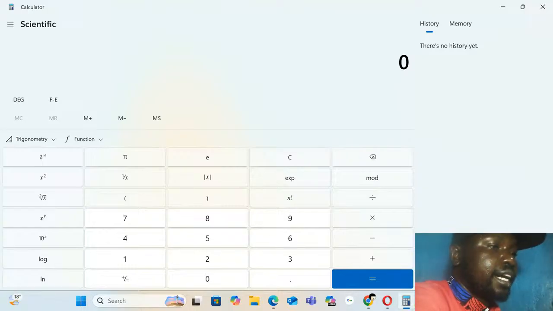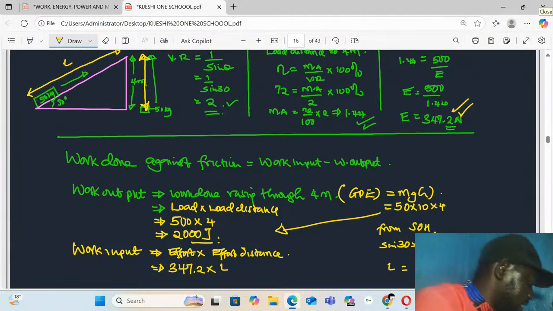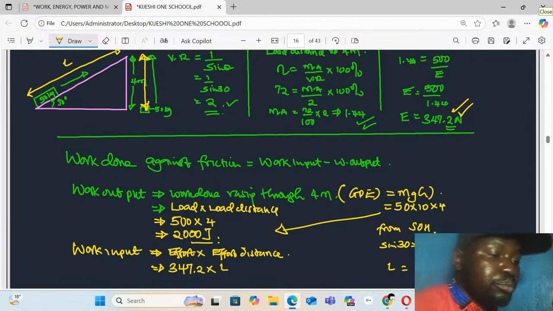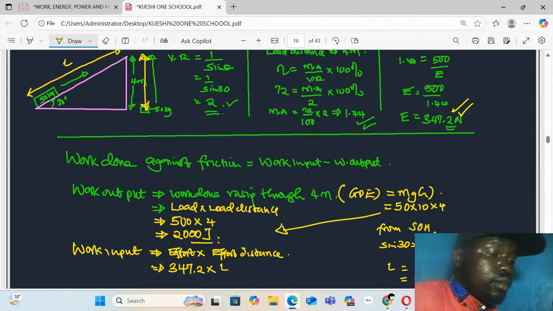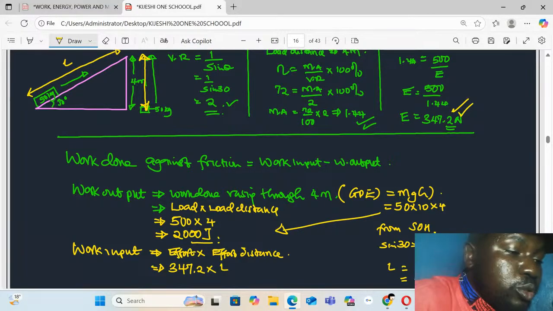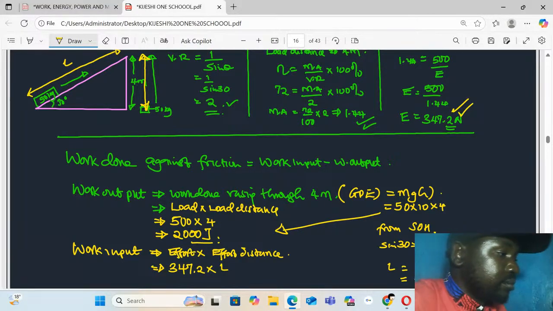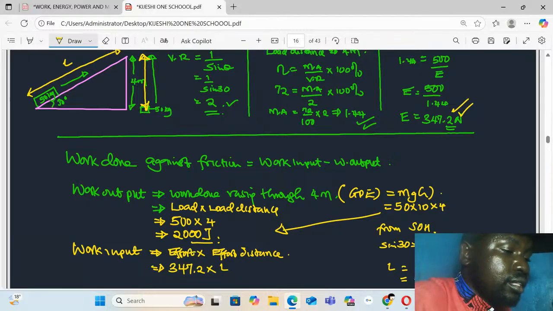From the other calculator, I'm finding that sine 30 is 0.5. So this is 4 times 0.5, and this will lead us to 2. This is supposed to be 2 meters. Sorry, it cannot be 2.